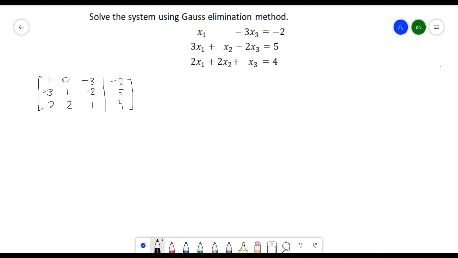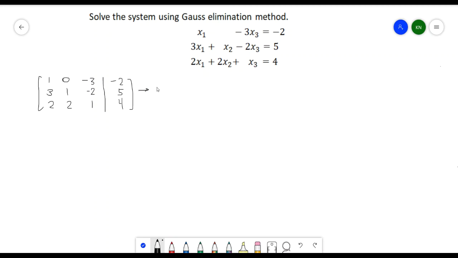In the first step, these values must be zeroed. The 3 must be replaced by 0, and the 2 must be replaced by 0 as well. So we first get row 2 to have 0.